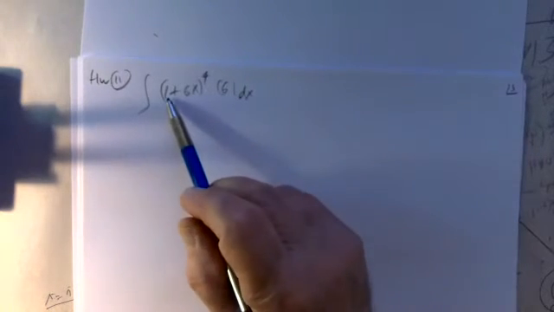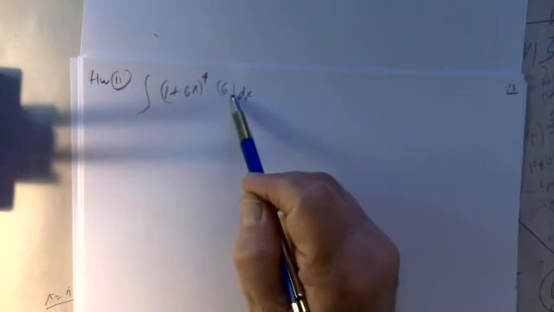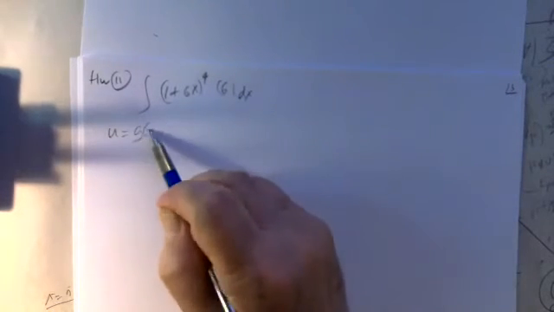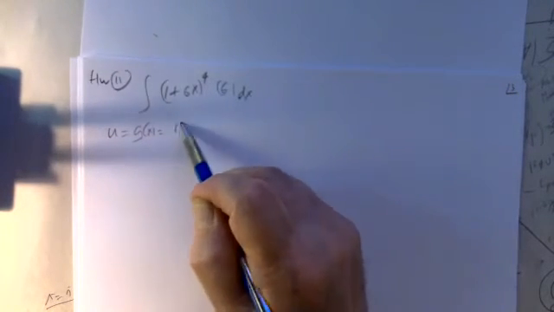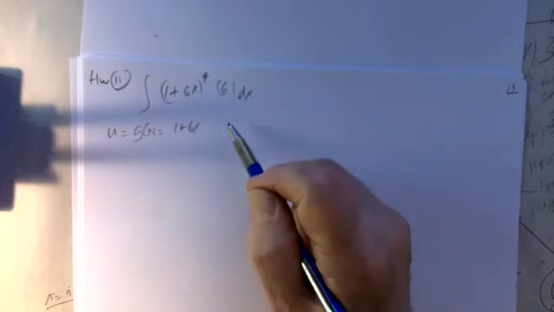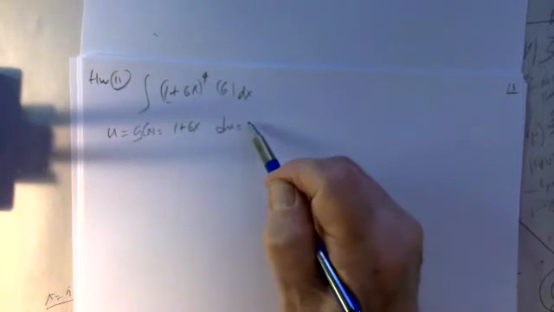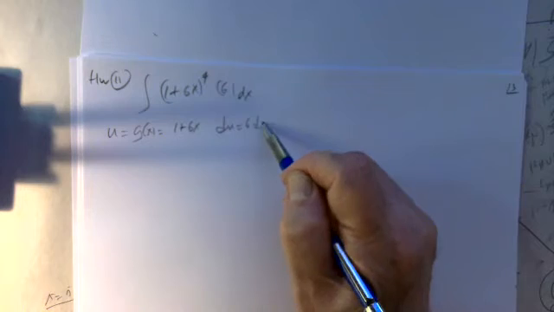And when they put in parentheses like this, they're really giving you a big hint about what the substitution should be, because the derivative of 1 plus 6x is 6. So if you let u, the function g of x that you're going to substitute, be 1 plus 6x, then du is just the derivative of 1 plus 6x, which is 6 dx.